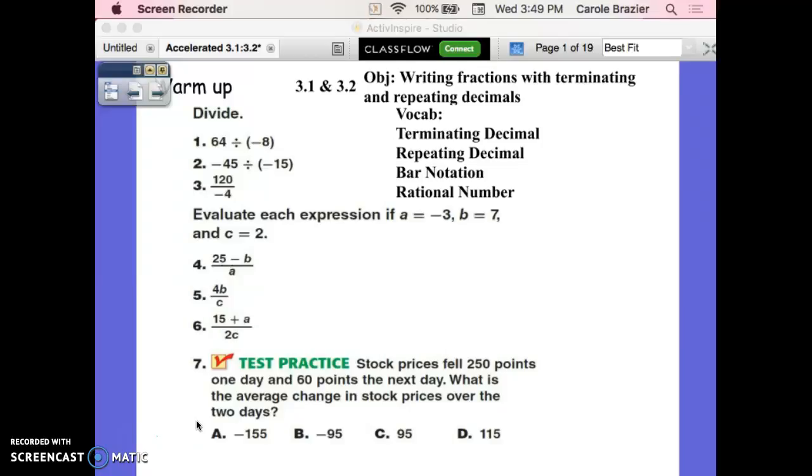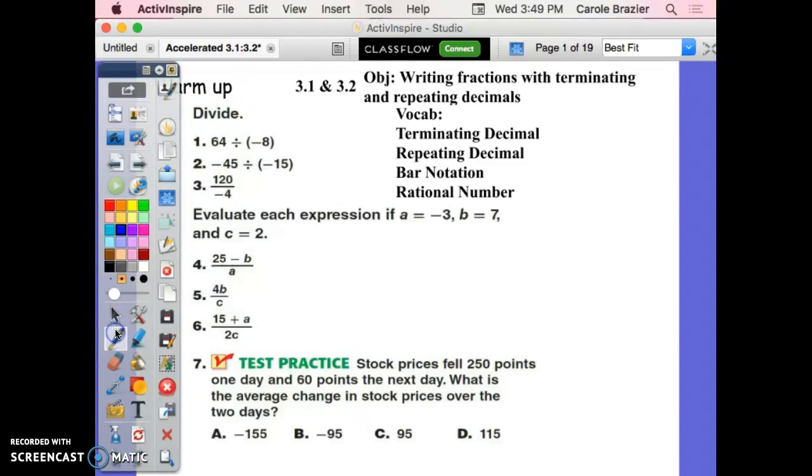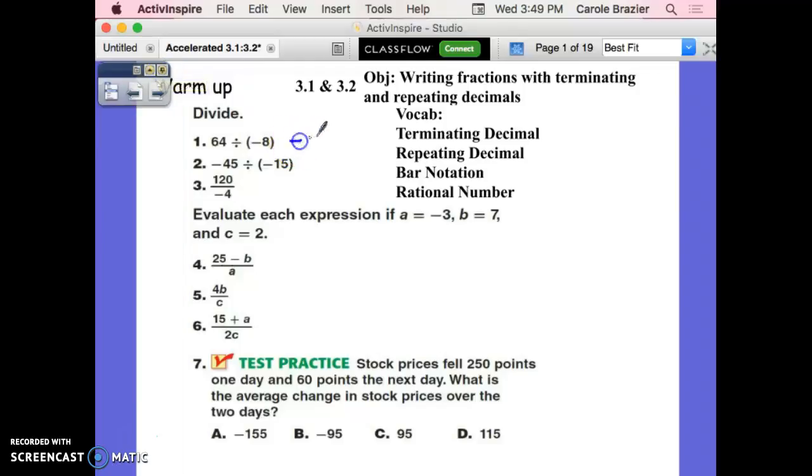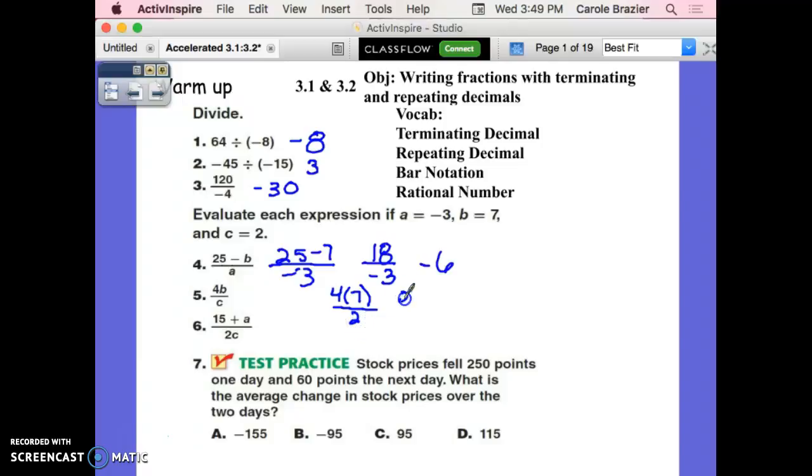Okay, when you guys were doing this, you should have received -8, +3, -30. If I plugged in 25 minus 7 divided by -3, 25 minus 7 is 18. 18 divided by -3 then gives you -6. 4 times 7 divided by 2, so you should have gotten 28 divided by 2, which would have given you 14.